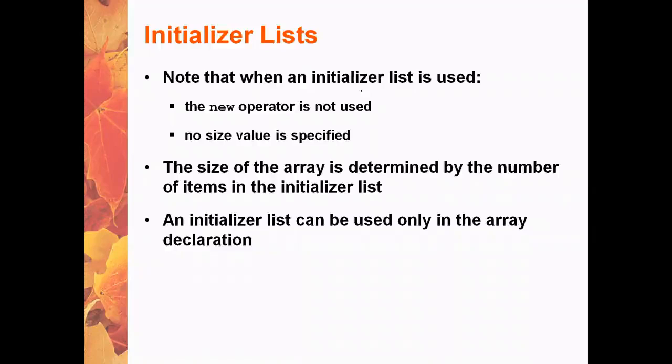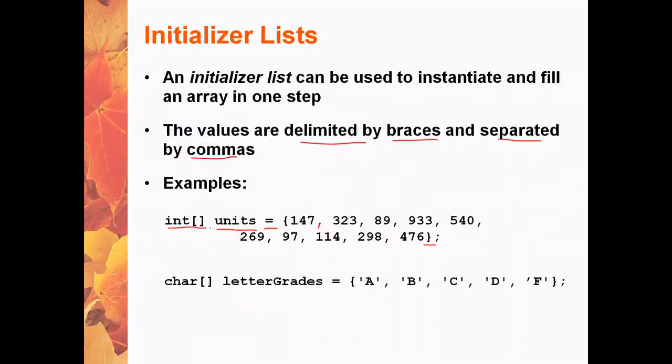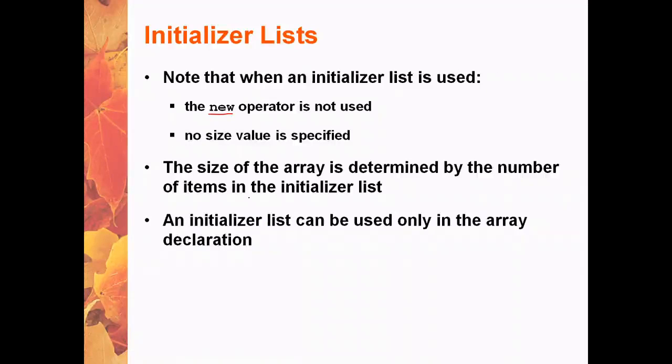Note that when an initializer list is used, first, we do not use the new operator. If you look at the example, no new operator is used like in the earlier case. When you initialize an array, there is no need to use the new operator.